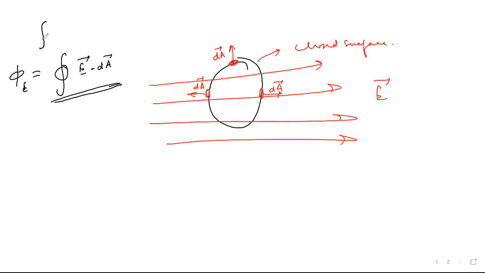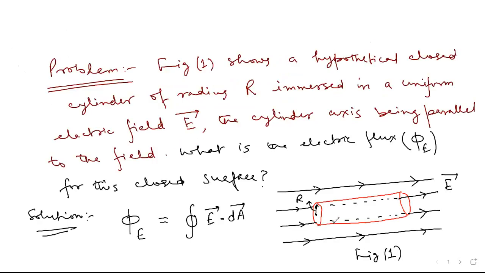If the surface is open, not closed, then there will be no circle on the integral; it will be just an integral. But when there is a circle on the integral, it means our surface is closed. Now in our problem, our surface is closed, so electric flux is given by this closed integral E dot dA. So let us move to the calculation part.